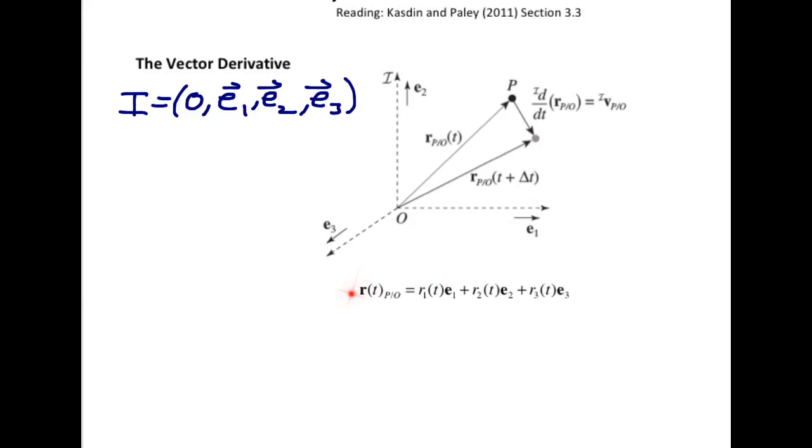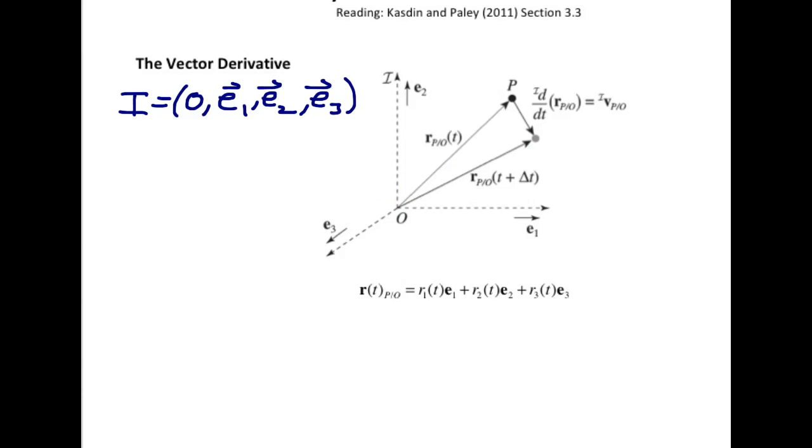And that's what we see here, where we have the position vector of point P with respect to O. It's a function of t, meaning that it's changing with time, and it's created by the scalar r1 in the e1 direction, the scalar r2 in the e2 direction, the scalar r3 in the e3 direction, and that's our position vector of point P with respect to O.